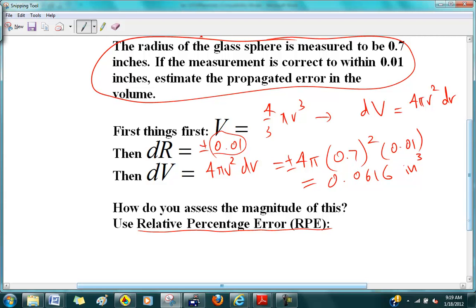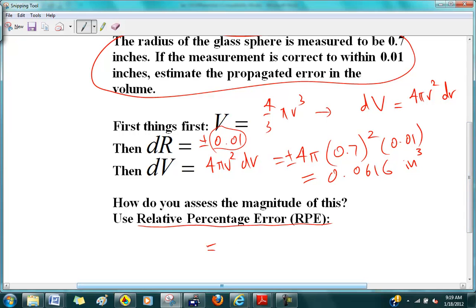So you take the error you made, which is 0.0616 and so on. That will be your stored value. Or alternatively, you can just use this symbolically. Let's do that instead of having to deal with numbers.